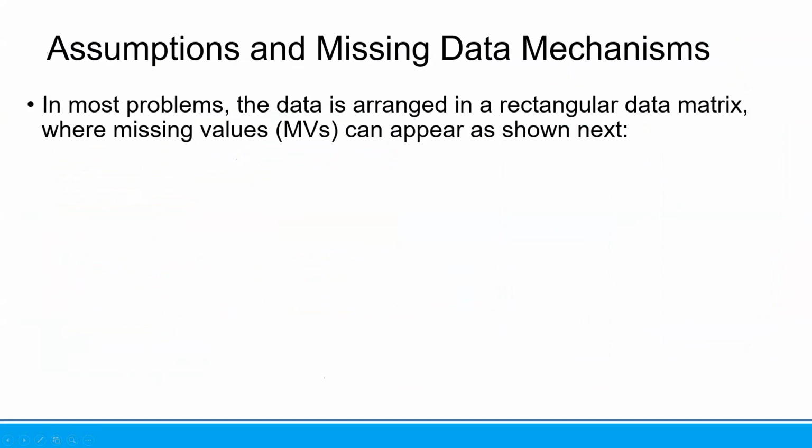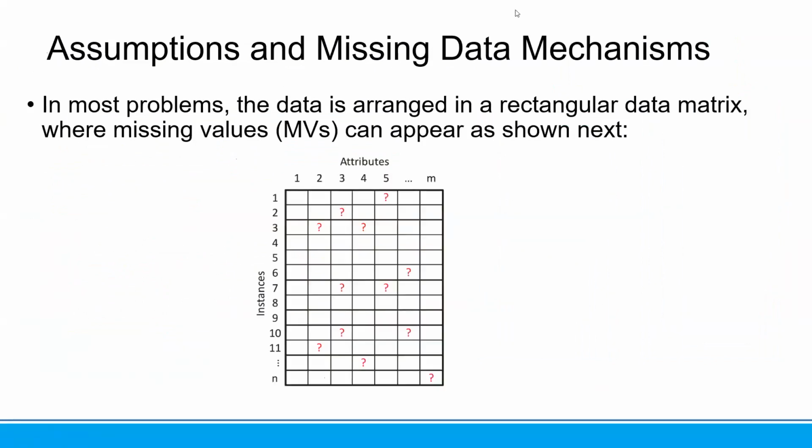So the assumption and the missing data mechanism. As you know, the data that we are going to deal with is the columns and rows. So the missing data can happen like this. When we have the instances, okay, I hope you still remember the instances are the rows, attributes are columns, and it can happen like this.